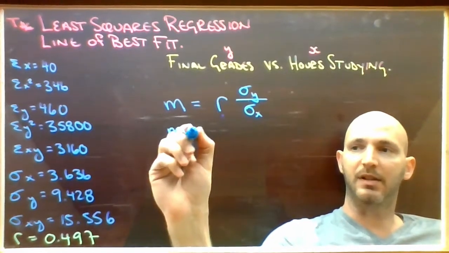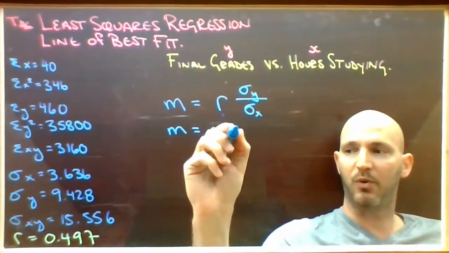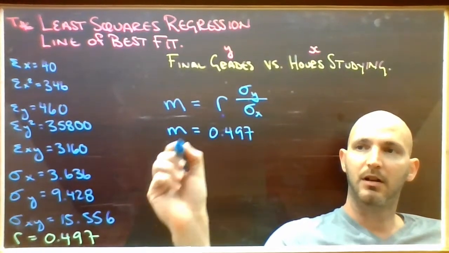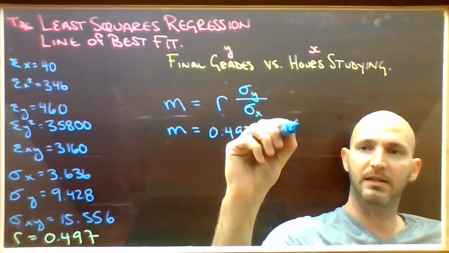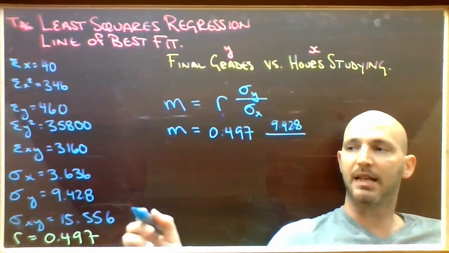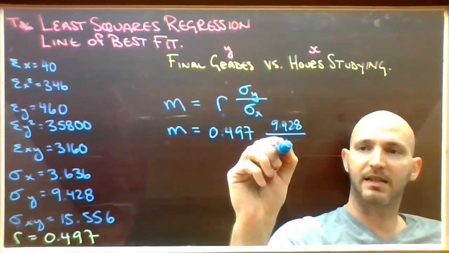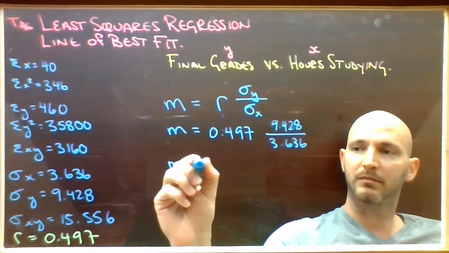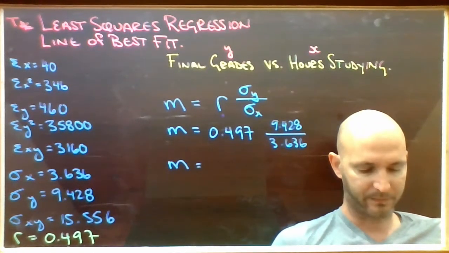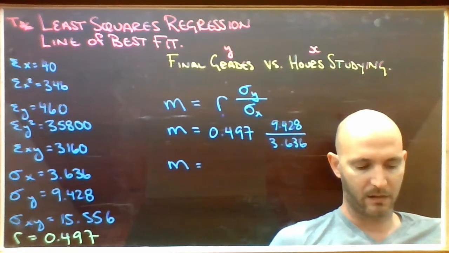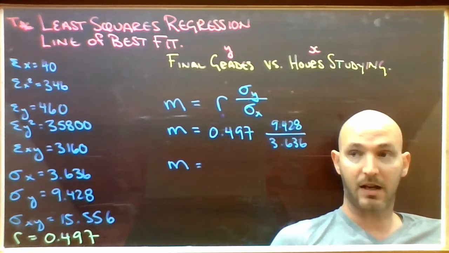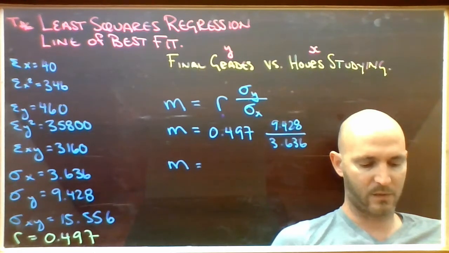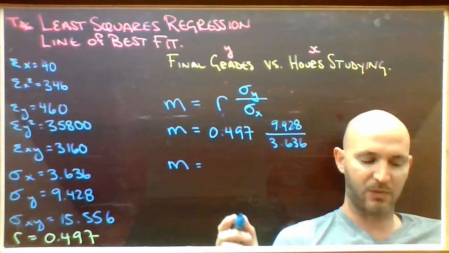So in this particular example, my correlation coefficient of 0.497 multiplied by my standard deviation of y, 9.428, and my standard deviation of x, 3.636. If I work that out, 9.428 divided by 3.636 times 0.497 gives me 1.289.